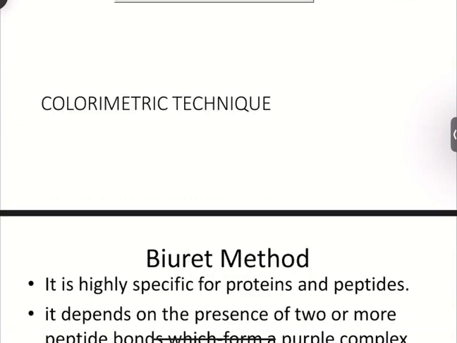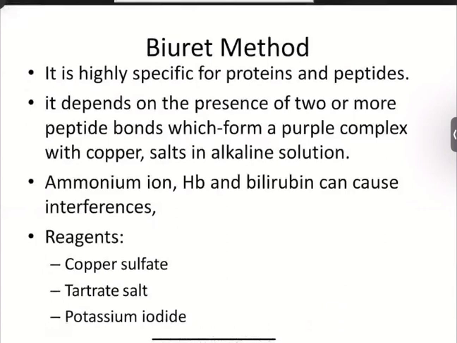Next, you have colorimetric technique. As for your colorimetric technique, you have the Biuret method. It is highly specific for proteins and peptides. It is dependent on the presence of two or more peptide bonds which form a purple complex with copper salt in alkaline solution.